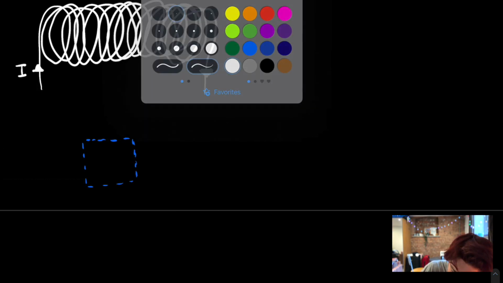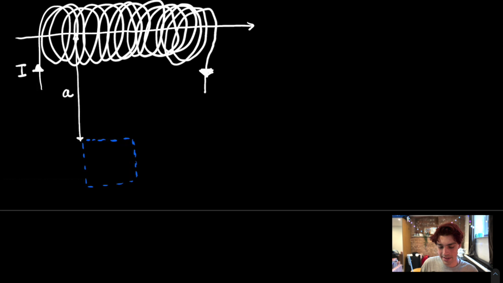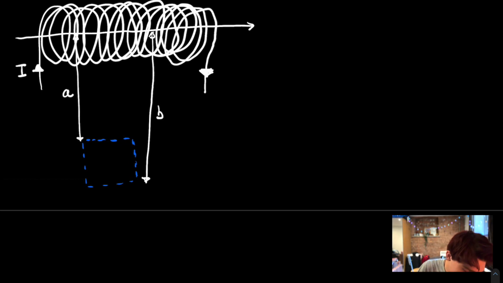And remember this is of course the z-axis, and this is going to be our radial axis. We're going to call this distance A, and we're going to call this distance right here B. So B is going to be the slightly longer distance right here.